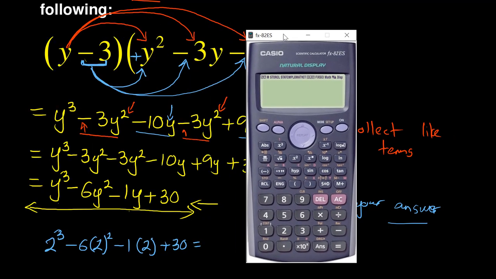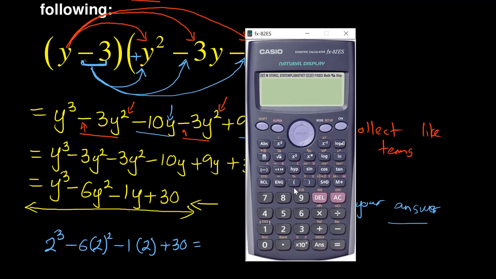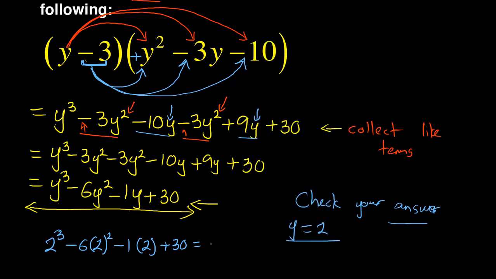Then with the calculator, I can even put a bracket and say 2 cubed, though it doesn't change anything, minus 6 bracket 2 squared minus 1 bracket 2 and then plus 30, and my answer in this case is 12. So you see that I'm getting a 12 here.